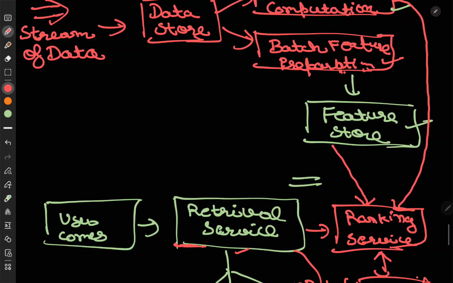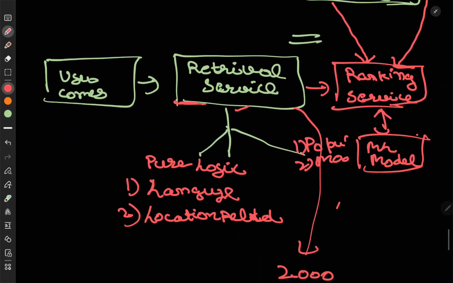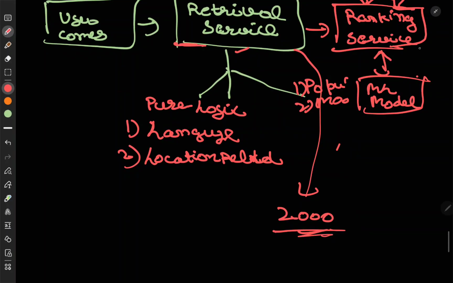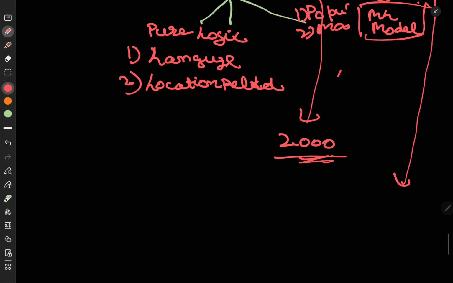Now online feature computation will tell, hey, the user is liking posts, and the last 5 posts the user liked are these. And the feature store will be telling about the personality. Using both of them, these 2000 posts will be brought down to 100.